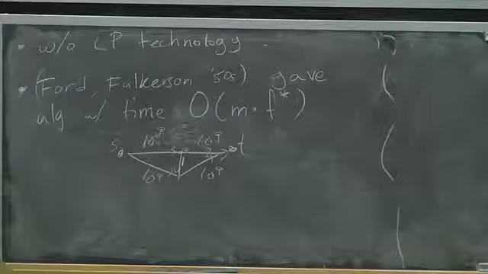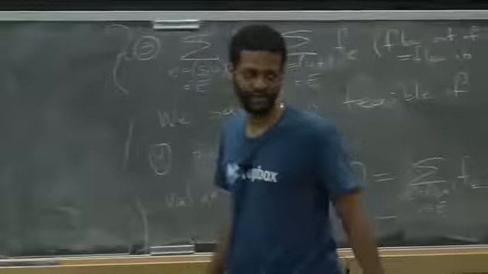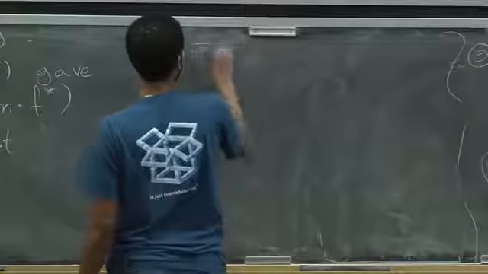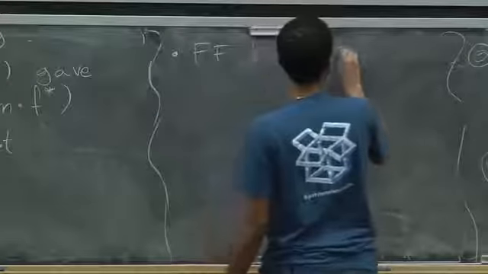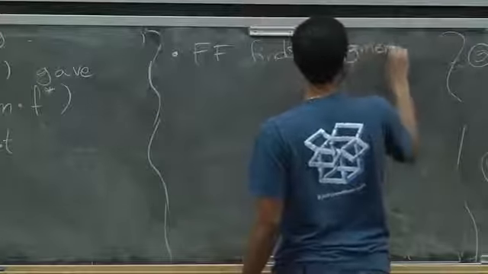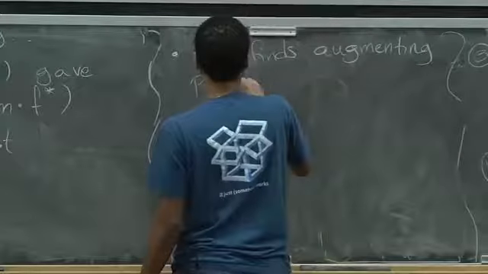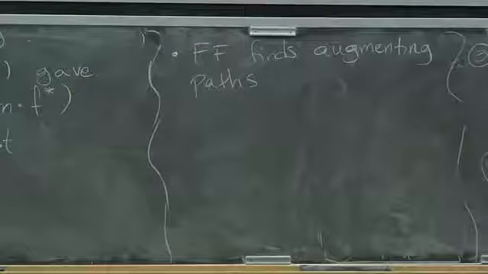And actually, I probably will end up saying what their algorithm is, just because I want to define certain terms. So what does their algorithm do? This Ford-Fulkerson algorithm finds augmenting paths. Okay, so what's the idea there?